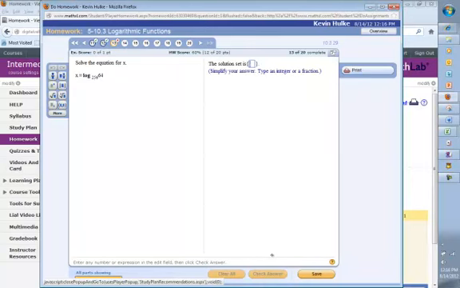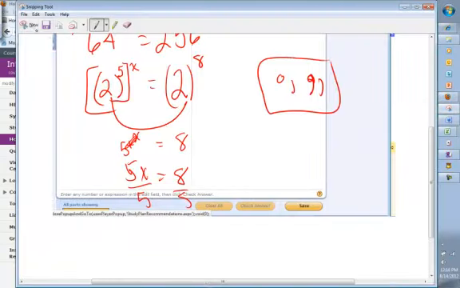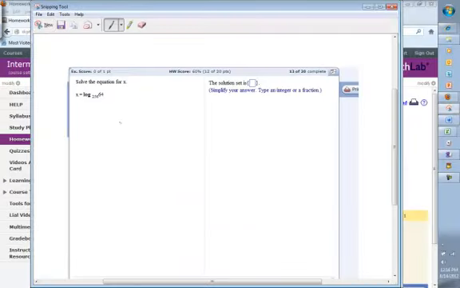X equals log base 256 of 64. So we would rewrite this as 256 to the x equals 64. Change them both to base 2.